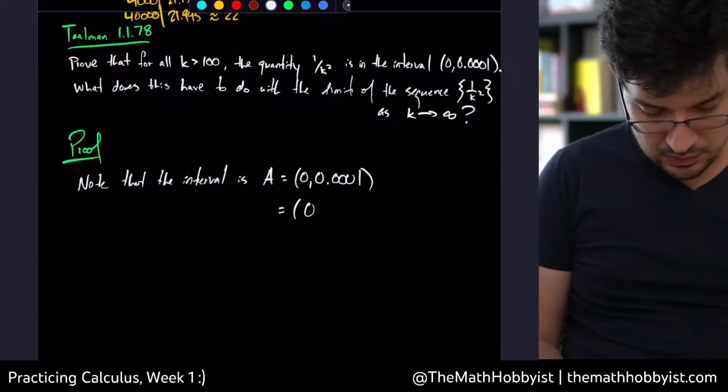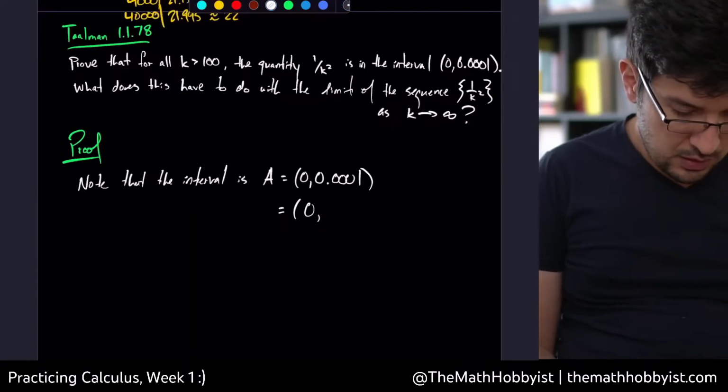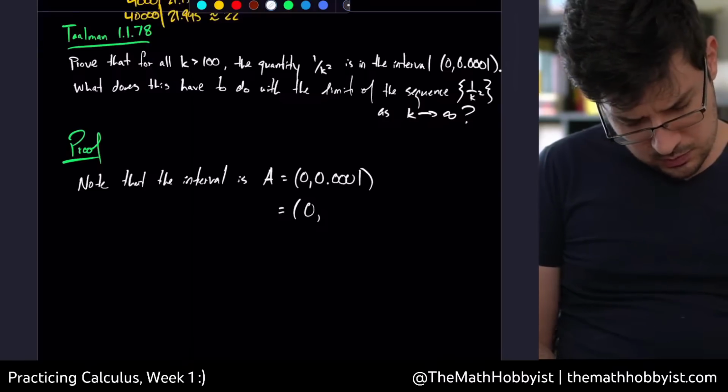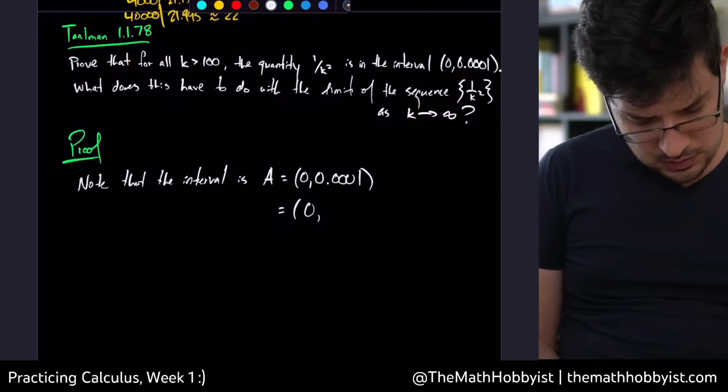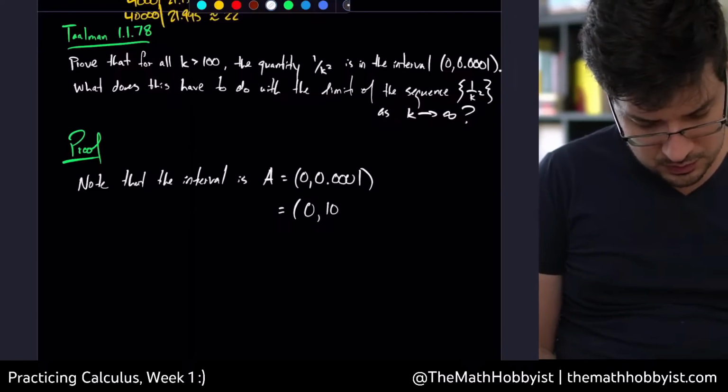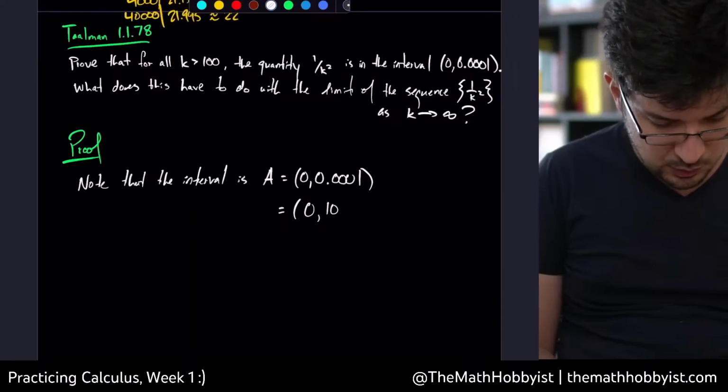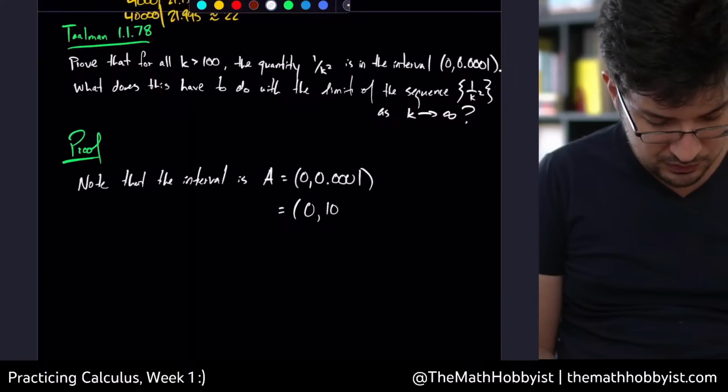That is the same as 1 over 10,000. We move the decimal 1, 2, 3, 4 places to the left.